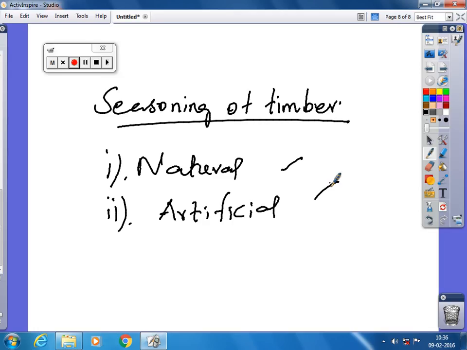And listen, if water is contained in the timber, it cannot be used anywhere. It is waste because the strength will be less. Strength is the ability to carry something; it needs to be strong, right?